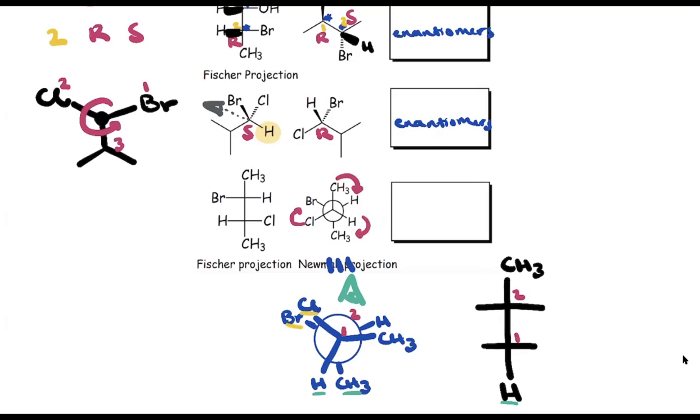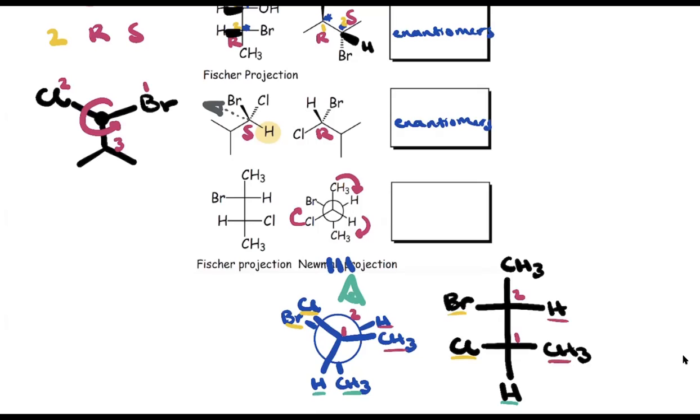So chlorine is on carbon 1, and then bromine is on carbon 2. And then you have a methyl group, and your hydrogen will be like this. Cool. And now I have successfully converted my Newman into a Fischer.